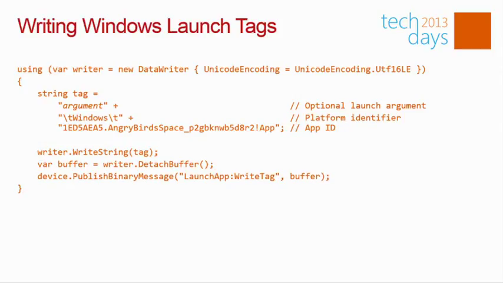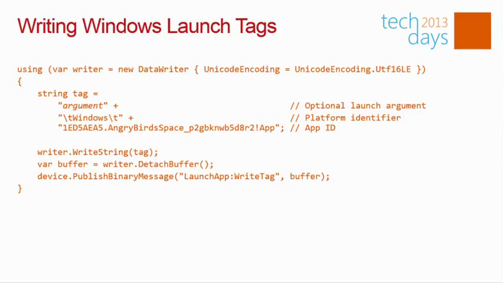And a little bit later, I'm going to show you how to modify that code to launch an app on an Android device as well. Unfortunately, the NFC Forum has not defined standard launch tags for different operating systems, but different vendors like Microsoft and Google have come up with their own and have documented them well enough that, on any device, we can write out launch tags to launch apps on other devices.